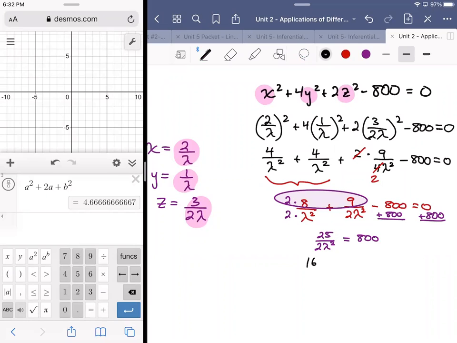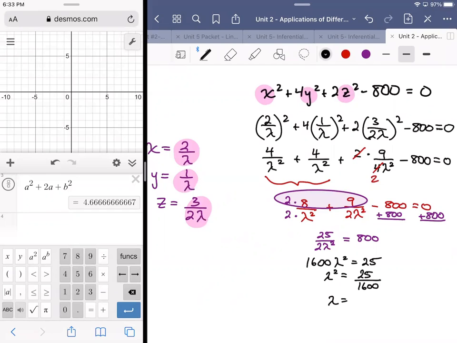All right, so 1600 lambda squared, just doing a little cross multiplication. 1600 lambda squared equals 25. So lambda squared is going to be equal to 25 over 1600.